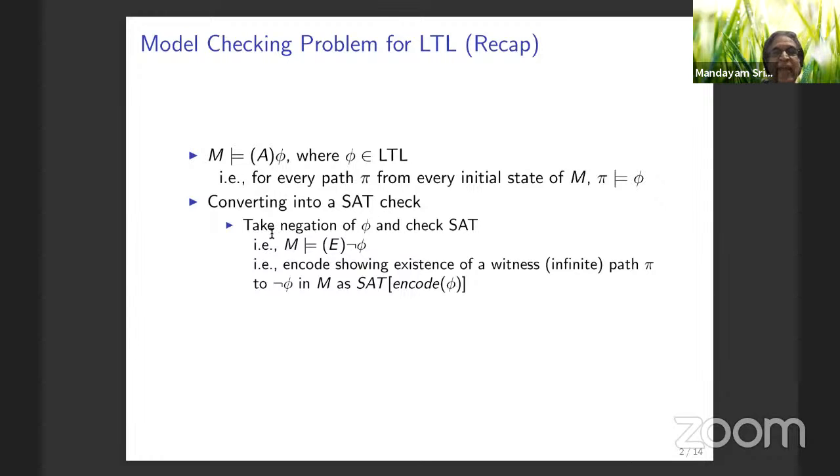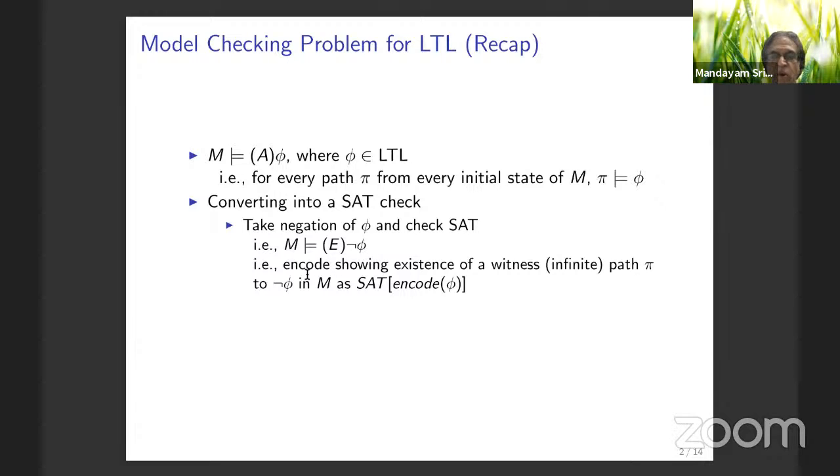So even for SAT, you take the negation of phi and check if it is unsat. Essentially you're converting the problem into one of showing existence of a path. So the universal LTL checking is reduced to one of showing existence, and since you've taken the negation, showing the existence of a path satisfying the negation shows the existence of a counterexample.